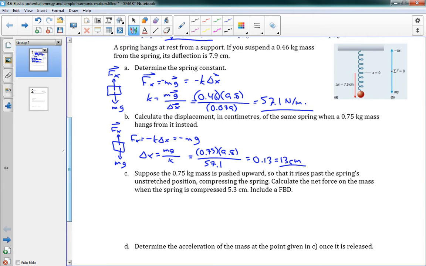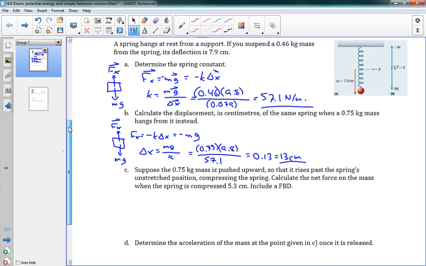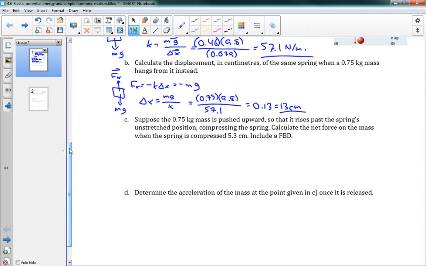There's our final answer. Now you might have noticed in part A, I was trying to draw arrows. I quickly dropped that. In these spring problems, since we're always working forwards and backwards, it ends up being pretty easy just to leave off the arrows, leave off the vectors, and just talk in scalar terms. That's fine for now.